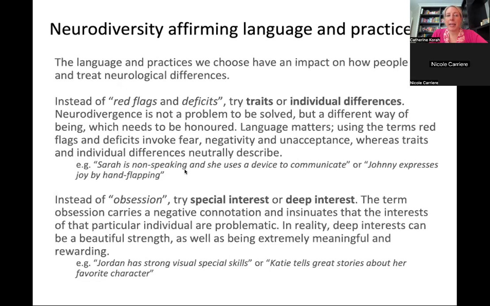And so saying something like Sarah is non-speaking and she uses a device to communicate, or saying something like Johnny expresses joy by hand flapping, would be a way of using neurodiversity affirming language. Instead of using the word obsession, try special interest or deep interest.